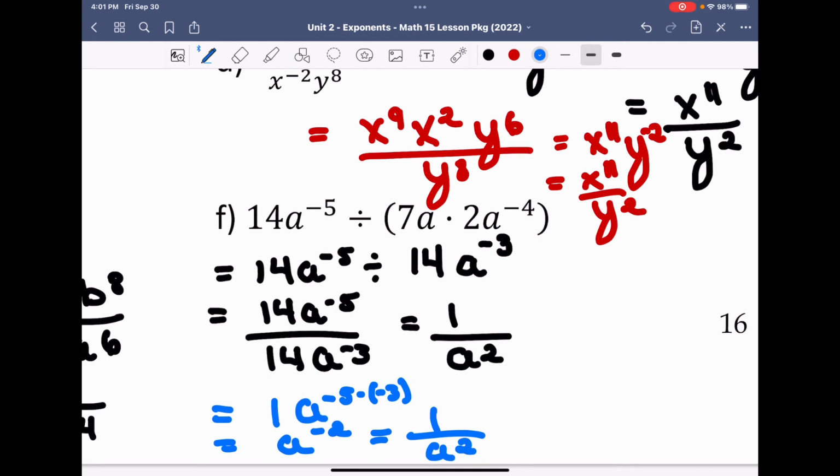So we've confirmed that we actually can get the same result using quotient rule or just using the logic behind this and saying which a or which variable has the greater exponent. Is it the one in the numerator or the denominator in this case? Well, negative 3 is definitely closer to 0 or more positive than negative 5. By how much? By a factor of 2, which we can confirm using quotient rule.